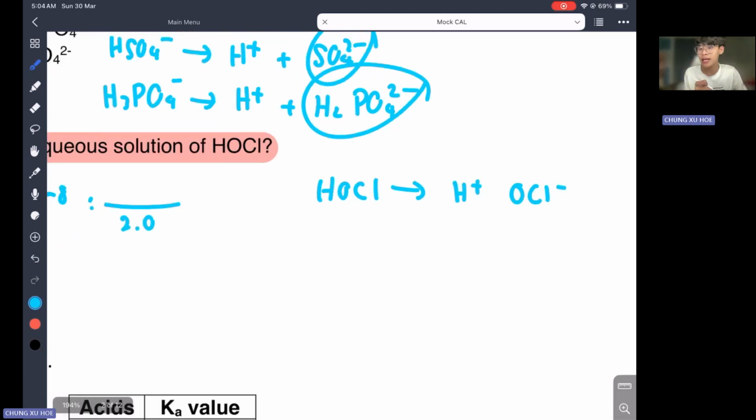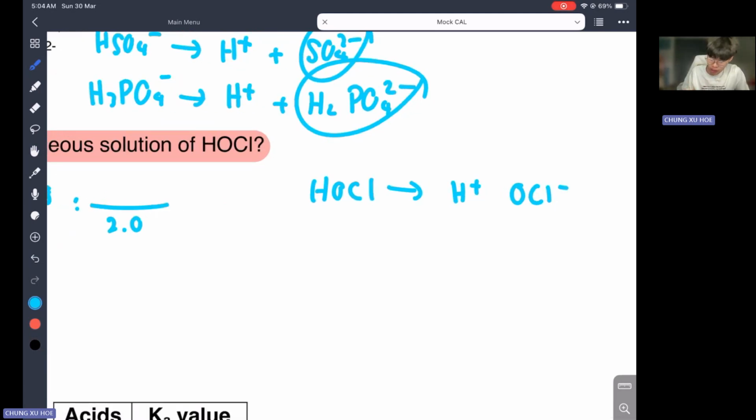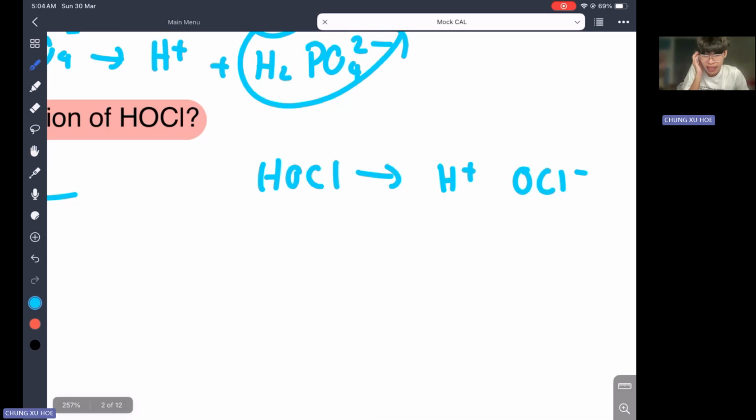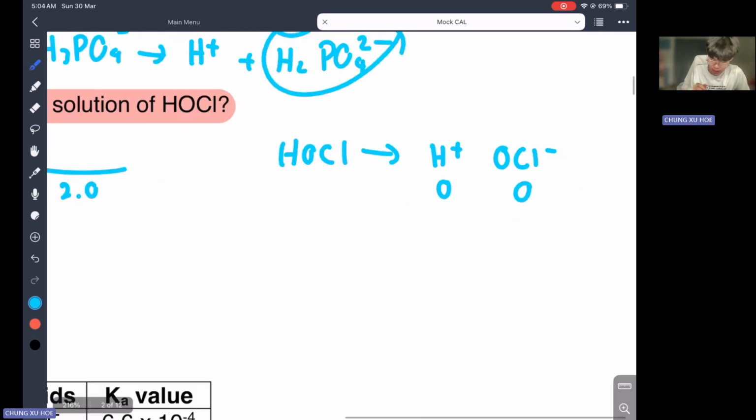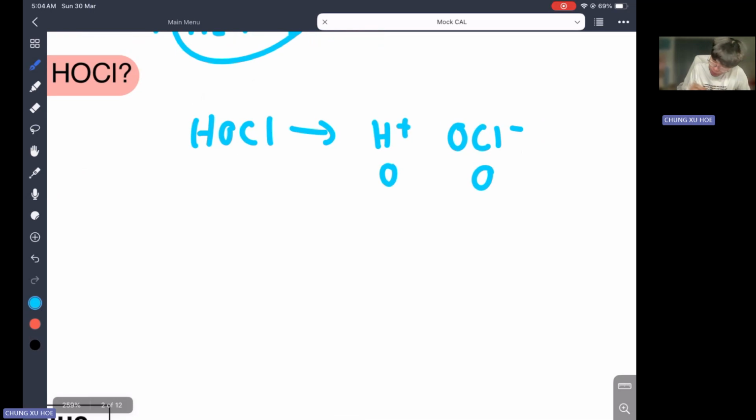Here apply the ICE table. My brain cannot work. Okay, 0 0. I think this is a weak acid. Sorry, weak acid. So at first 0 0 and then plus x and then plus x.